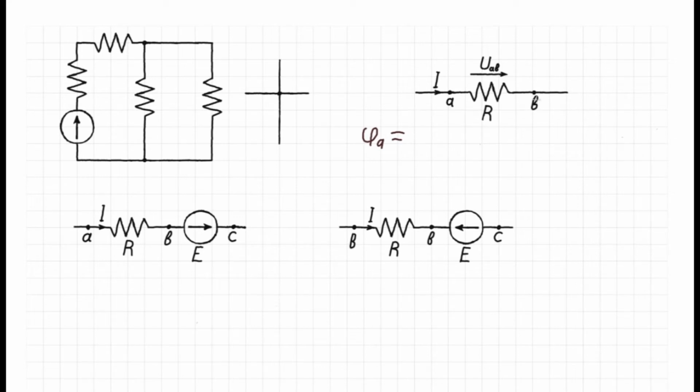the potential at point B as a remark is lower than the potential at point A, because we are calculating the potentials from point A to point B, and we should designate phi with subscript B as the potential at point B, plus and add the potential fall of voltage UAB, and another part, current multiplied by resistance, as we know from Ohm's law.